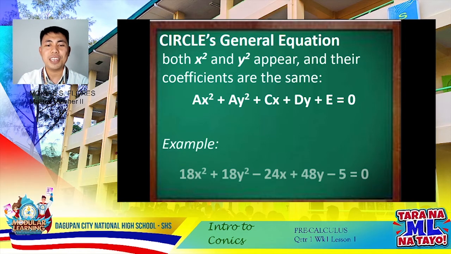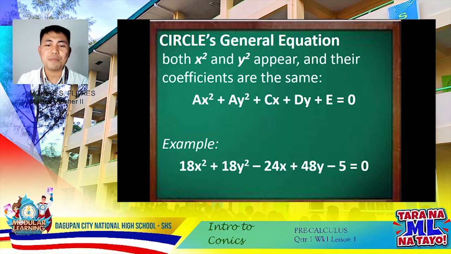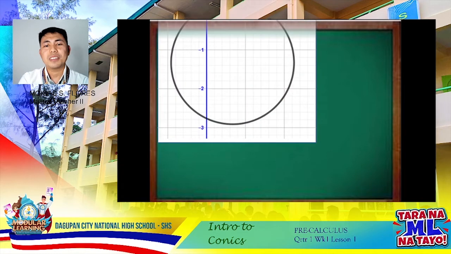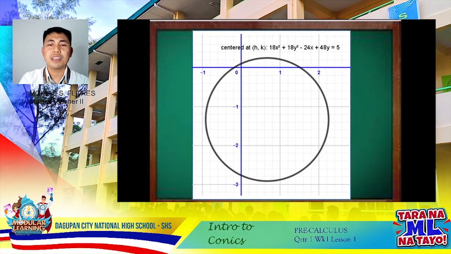As an example, we have 18x squared plus 18y squared minus 24x plus 48y minus 5 equals 0. Now how would we graph this one? We have here the graph, centered at (h, k). Don't worry, we will be discussing further in our succeeding lessons how to graph circles.